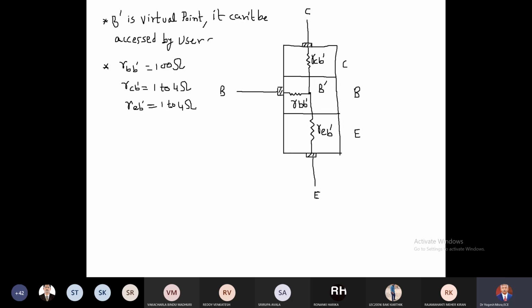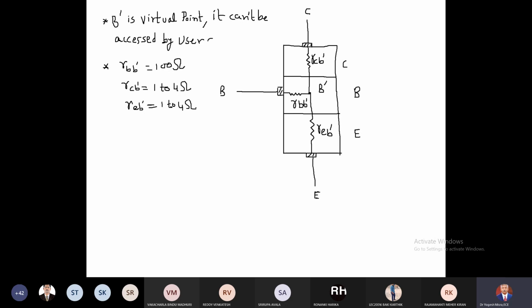Now see, if you recall, base is lightly doped, right? Base is lightly doped. So if there is less number of charge carriers, this means the conductivity will be less because charge carriers are less. So obviously the resistance will be more. So this resistance R_BB', which is the part of the base, is highest here.